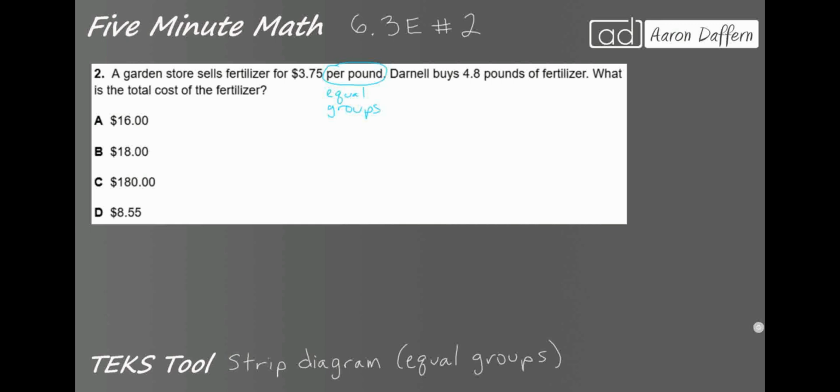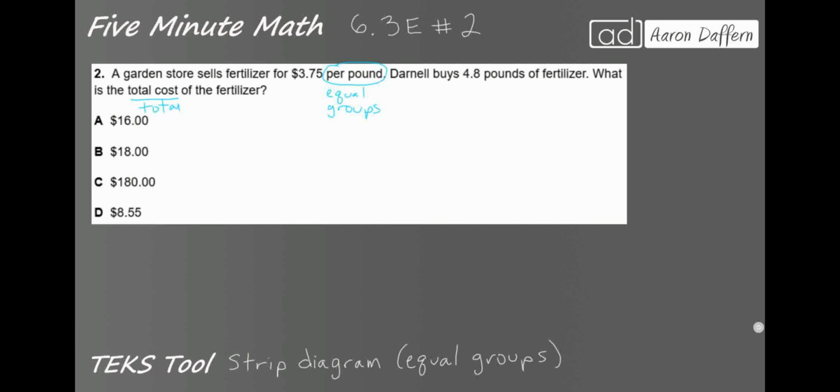But that's only when you see a statement that says equal groups or something that gives you a hint towards equal groups. So we've got to look at what is the total cost. So we're looking for the total. So that means these two numbers are giving the number of groups or the number in each group, right? So I've got $3.75 per pound.